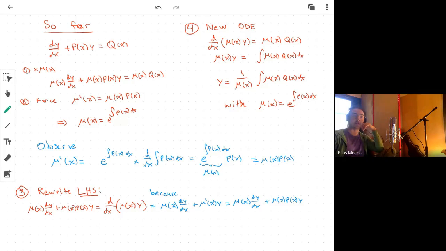You can start, for example, by using the fact that mu of x is equal to e to the power of the integral. Right? You can do that straight off the bat. I would advise against just using this formula, just because there's first of all a lot of things to remember, and sometimes if you're not observant, you might end up wasting a lot of time that you don't need to.